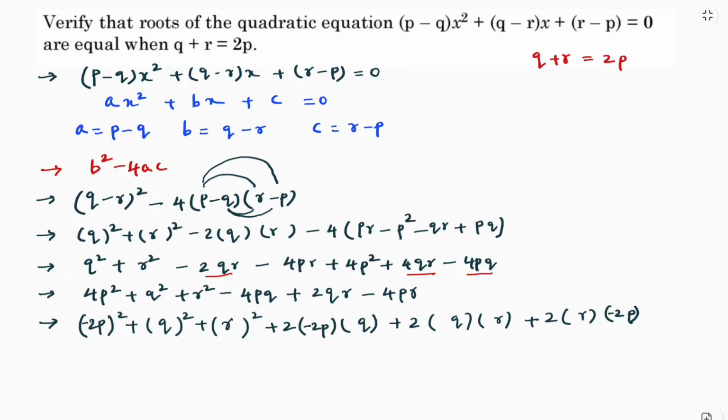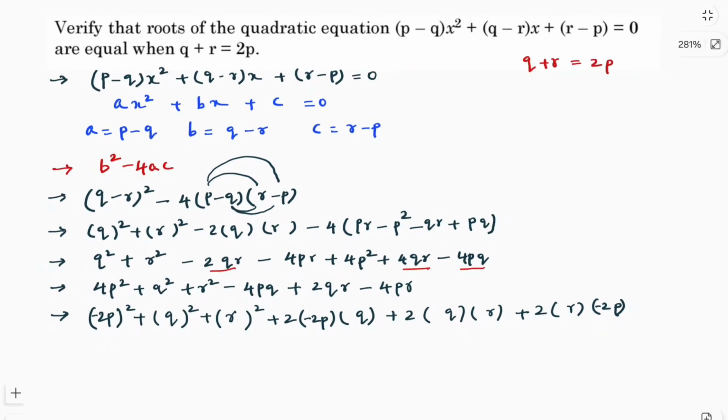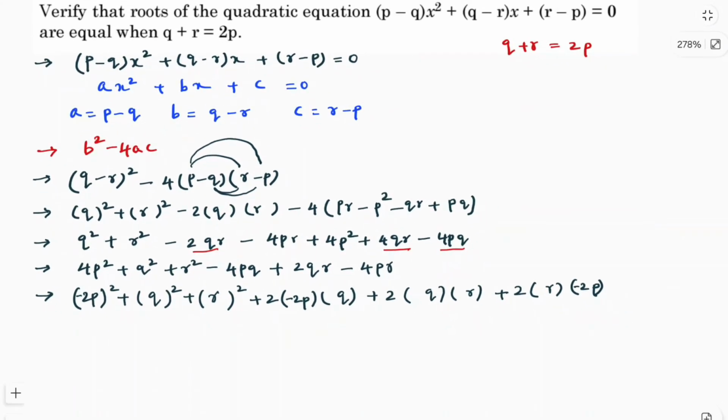Now it will be perfect. So clearly it is in the form of minus 2p plus q plus r whole square.